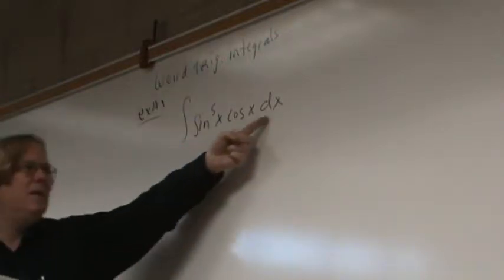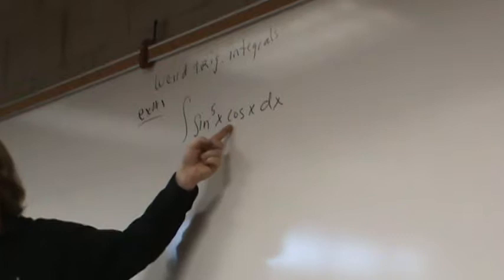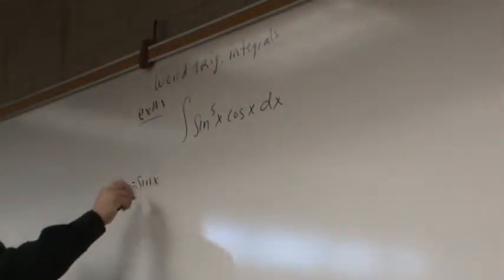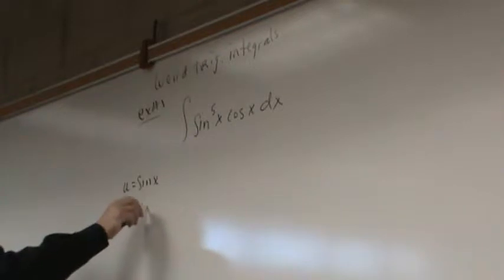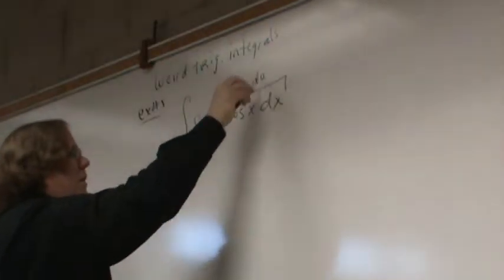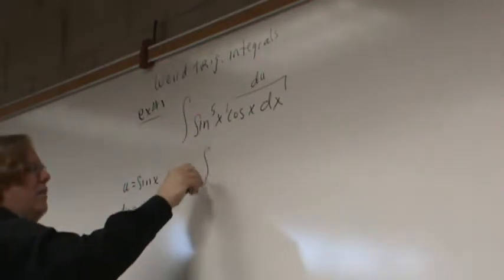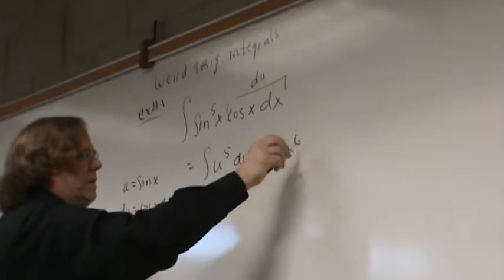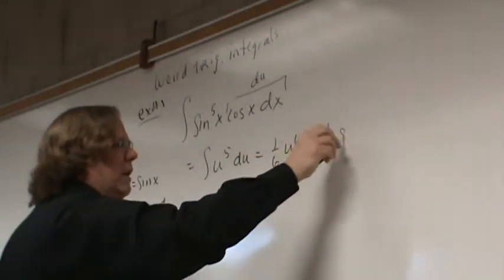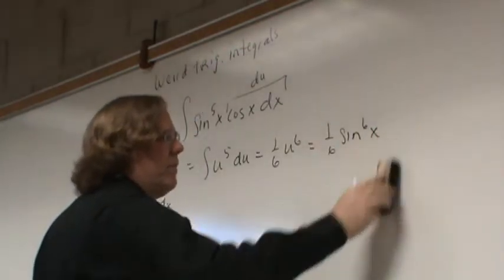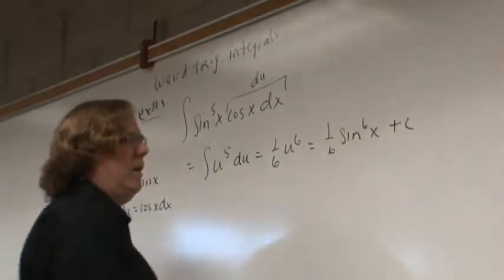Because the derivative of the sine of x is cosine of x, right? So u equals sine of x, and du equals cosine of x dx. Here's my du. And so I end up getting u to the 5th du, which is 1/6 u to the 6th, or 1/6 sine to the 6th power of x, plus c. You guys okay with that?